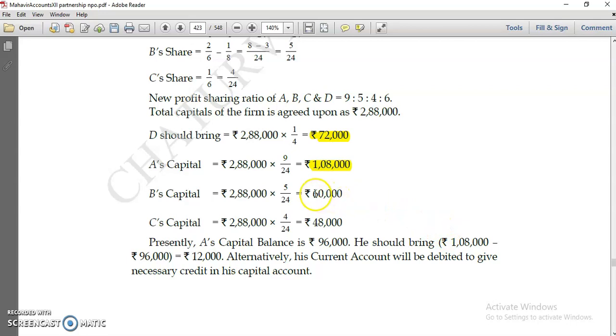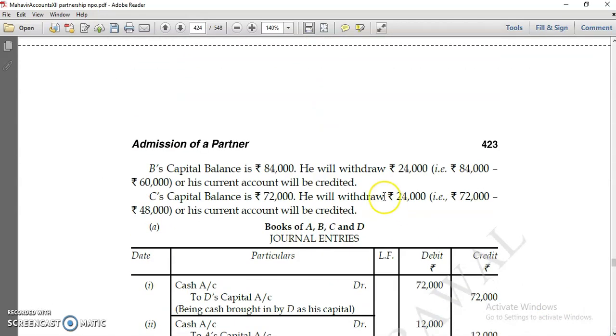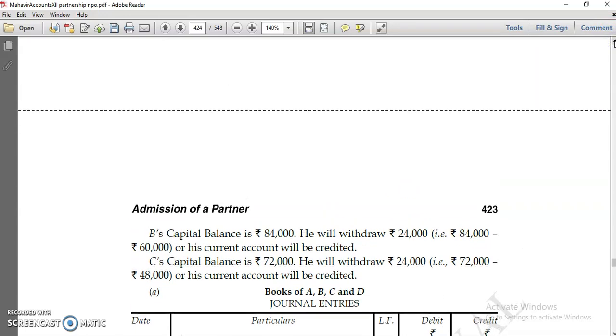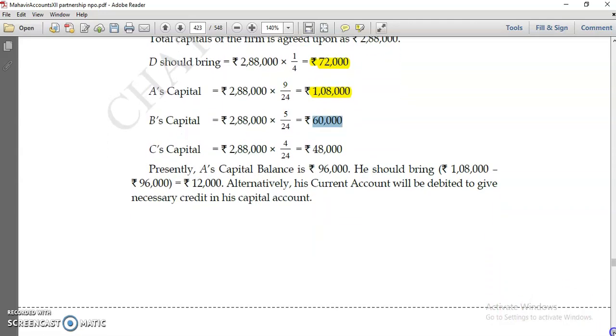And in the second case you can see B's closing capital is 60,000. Let's see, he will withdraw 24,000 out of 84,000, because according to the adjustment his closing capital would be 60,000, but he already invested 84,000.